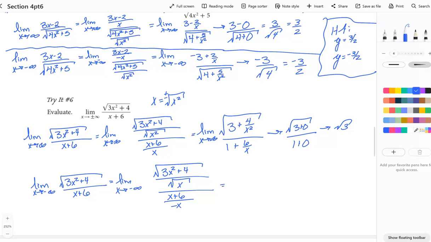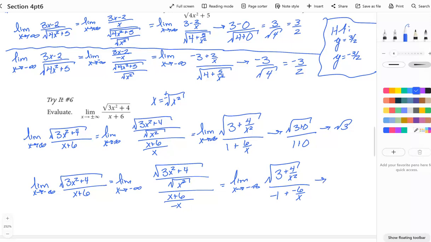So now let's write that limit again and simplify the x squared. So I'm going to have 3x squared over x squared, which is 3. This is going to be a 4 over x squared. This is going to be a negative 1 plus negative 6 over x.